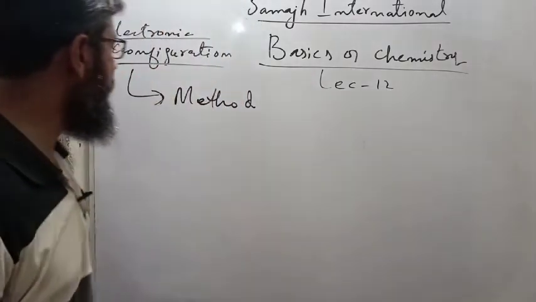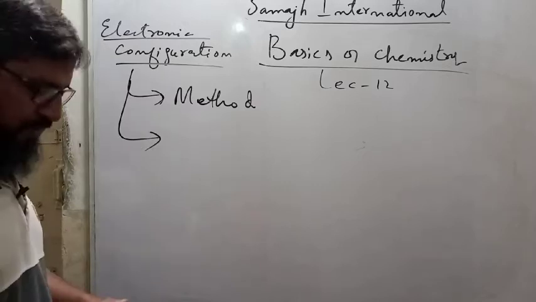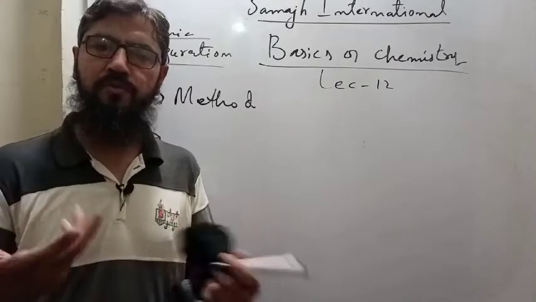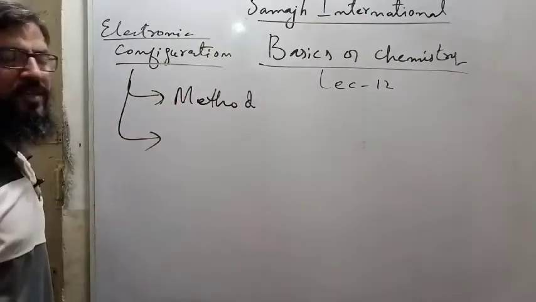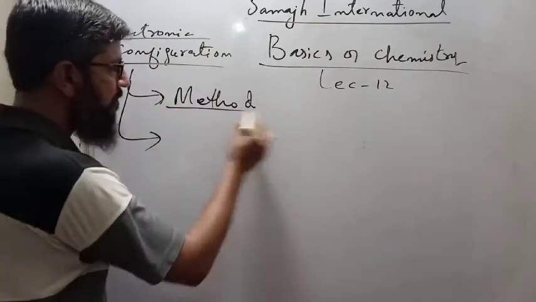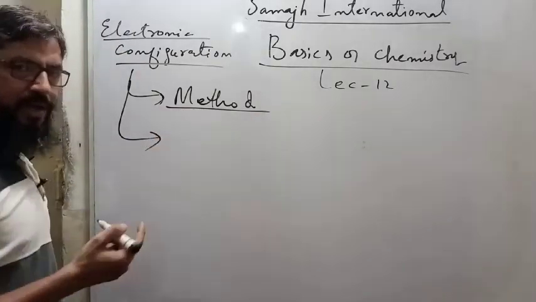Just like this, electronic configuration is a method. A recipe helps us to make or cook food. So this electronic configuration, if it is a method, then this method will help us.